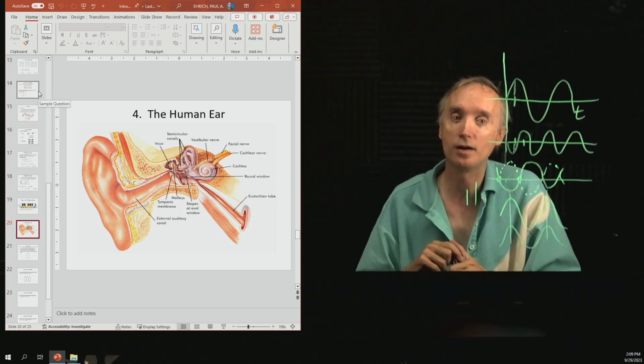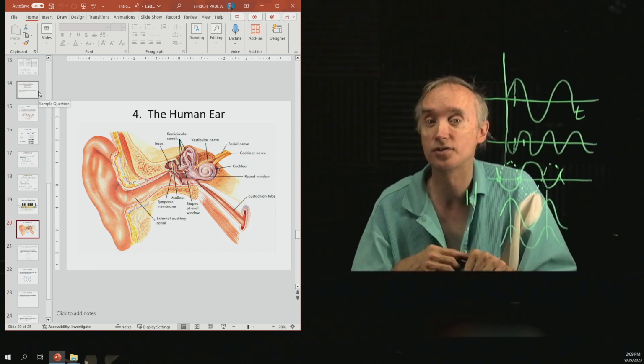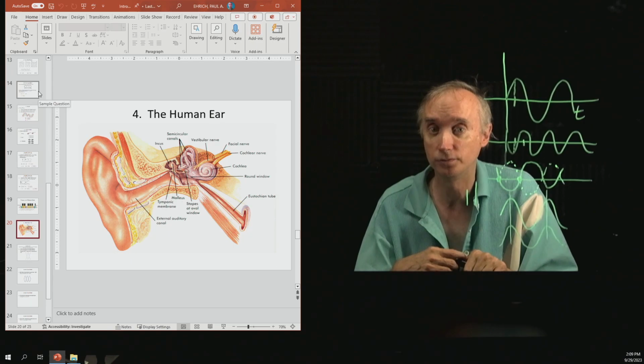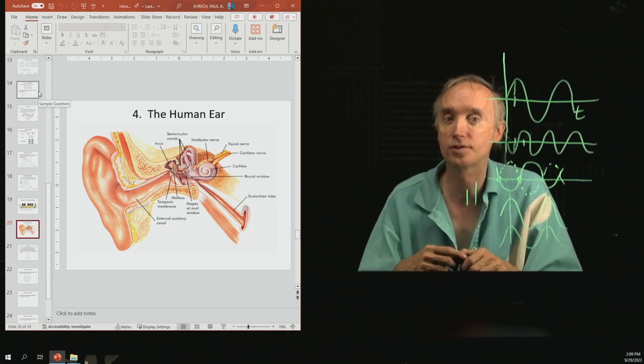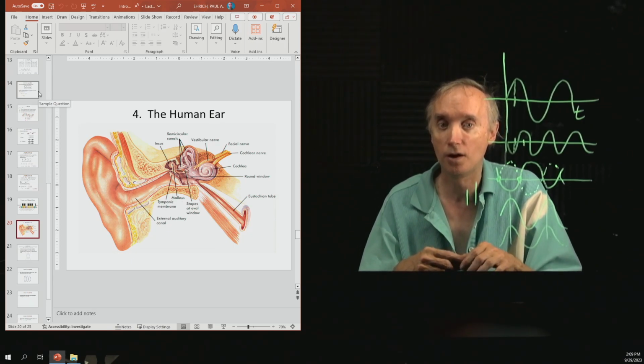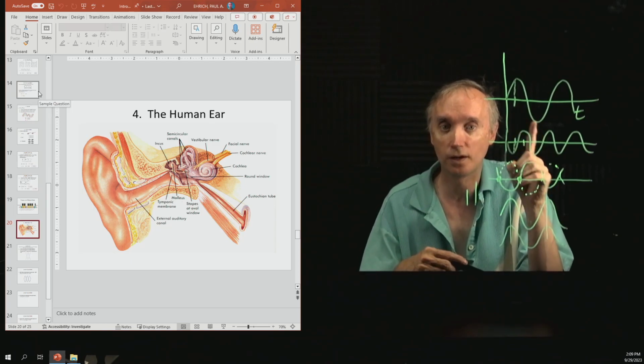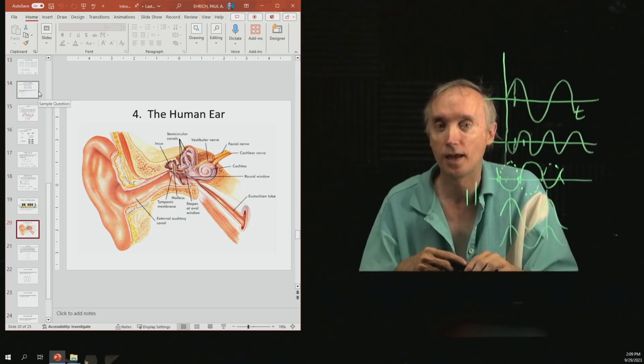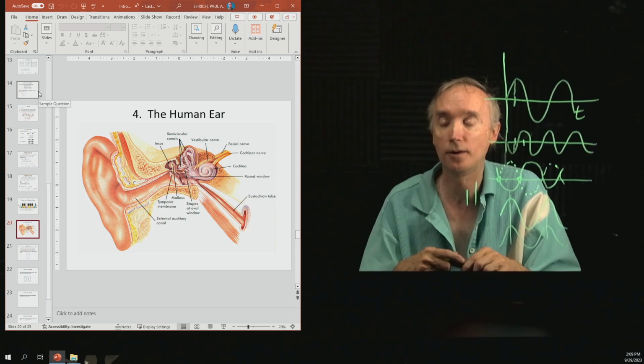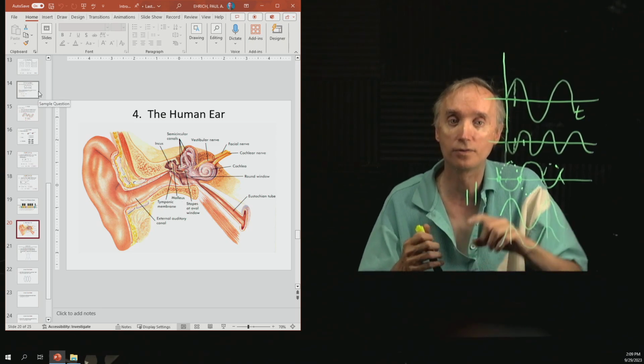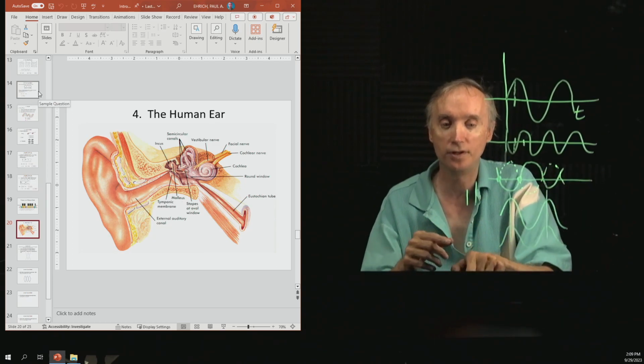Okay, and then there are some other things that you can mention. The eustachian tube helps to equalize the pressure on either side of the eardrum. And the semicircular canals are like 3 loops.